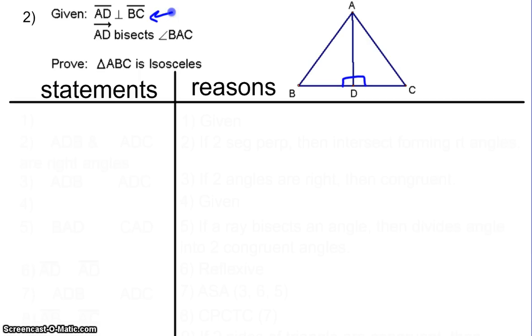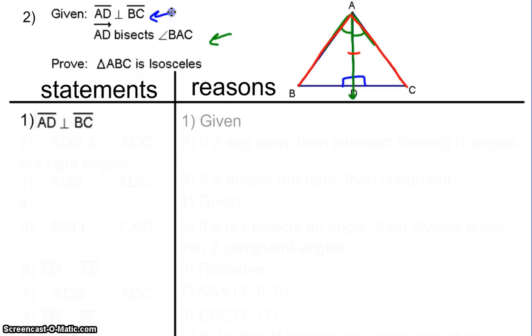We also are given that ray AD bisects angle BAC, which tells us that those two angles are congruent. So now again, looking at the two separate triangles, we are missing a side in the middle, and we could prove the triangles are congruent, which would in turn give us these two corresponding sides, which are sides of the triangle.